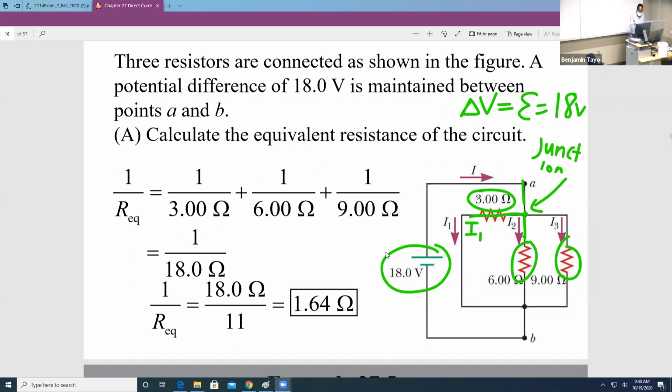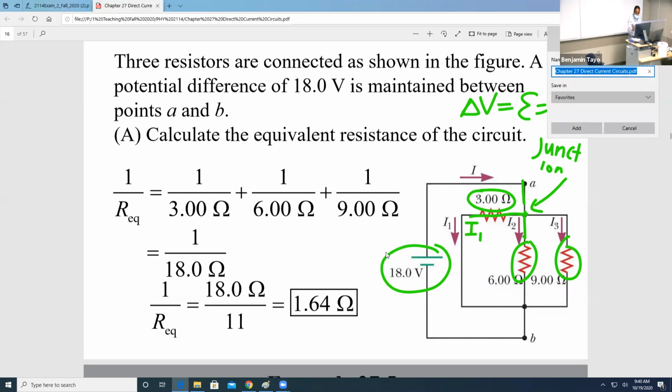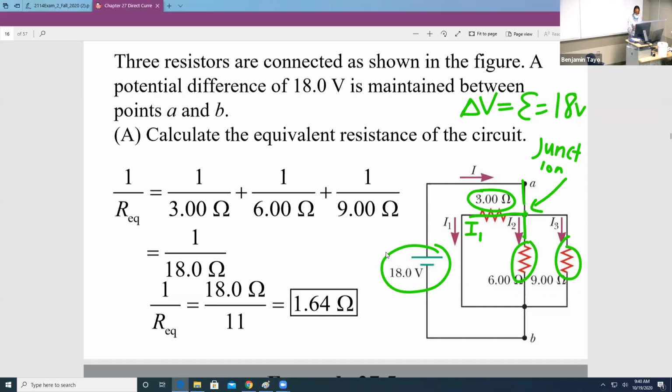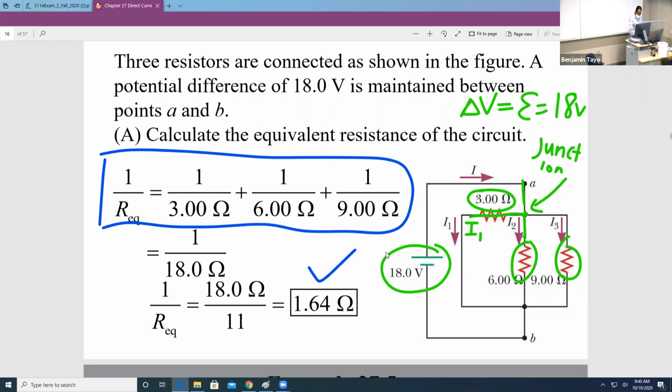Now, if those three resistors are in parallel, I can just combine them using this equation here, and this would be my R equivalent.